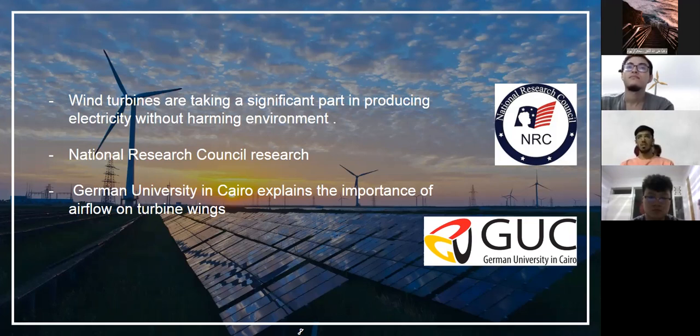Another good research from the German University in Cairo, Egypt, explained clearly the airflow that acts on and rotates the wind turbines, and how the best profile at each wind speed can be selected according to the maximum gliding ratio. Also, the angle of rotation of the wings about themselves is based on the air speed to get the best result.